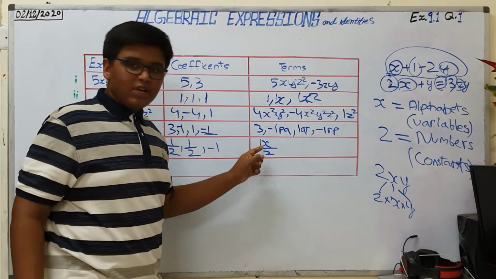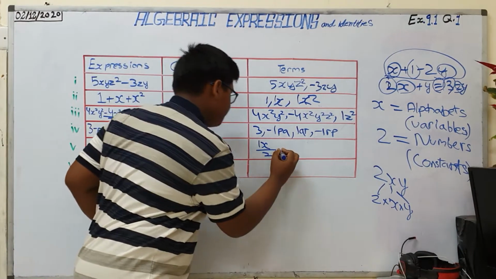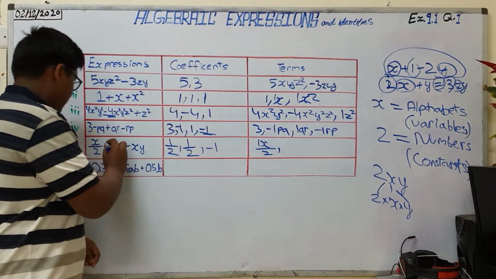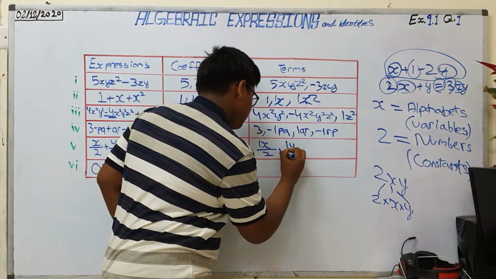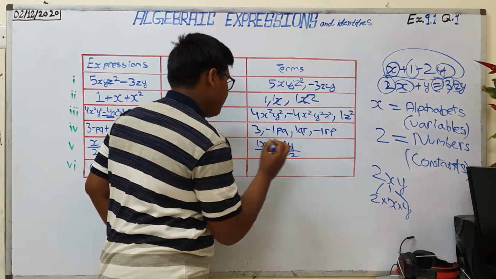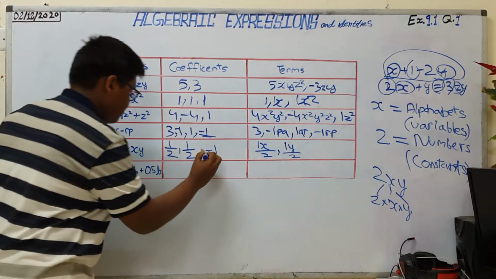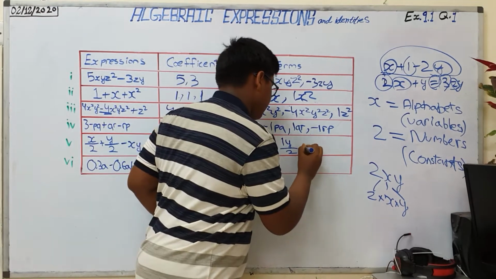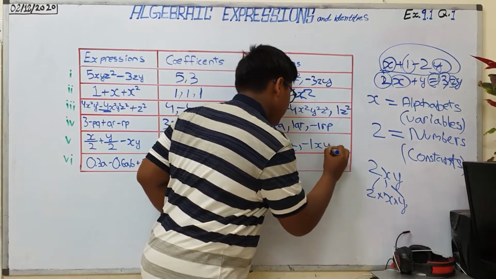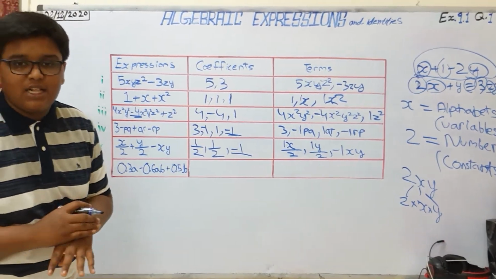Like that we are going to take it at the numerator of the fraction also. Then the second thing is y by 2, which is 1y by 2. Then the third thing is minus xy, so we have taken minus 1 here, so we are continuing with minus 1 xy. And now we have done it very easily, so I think it's clarified for you.